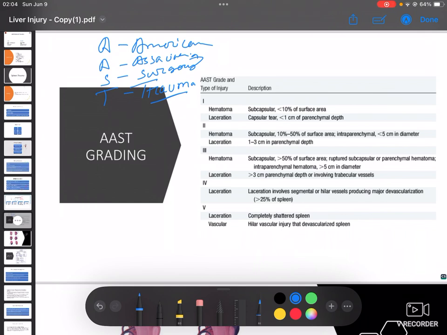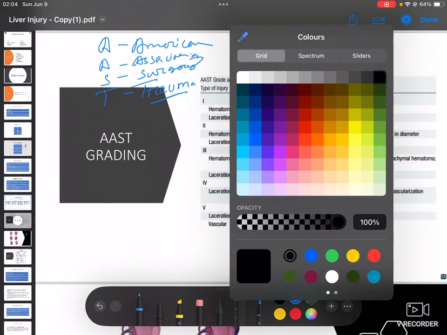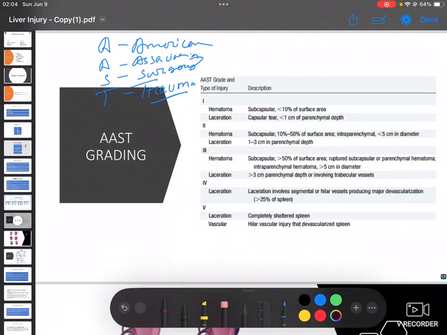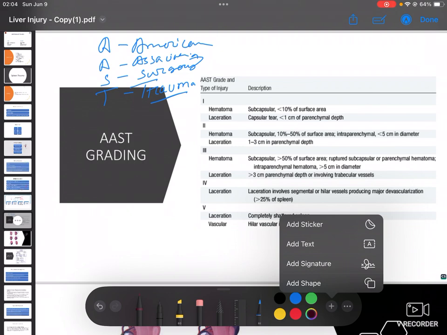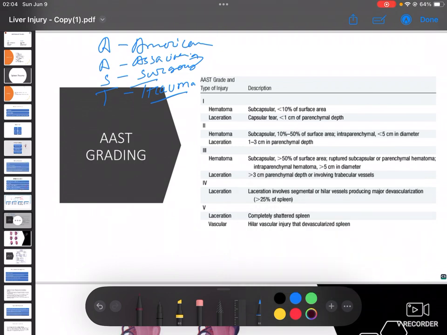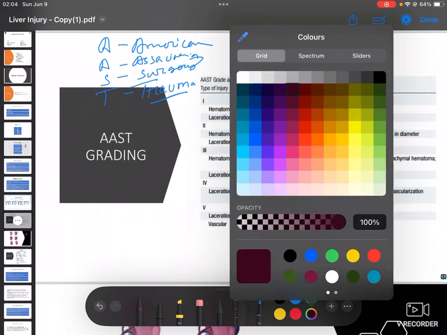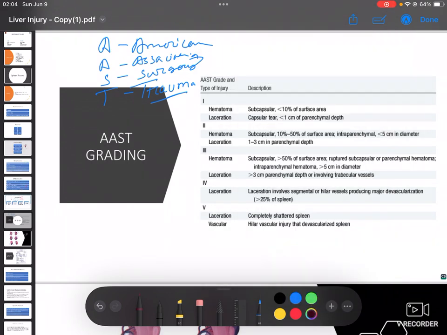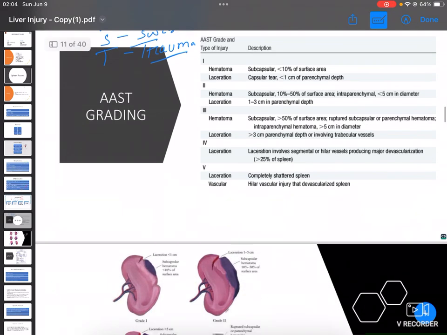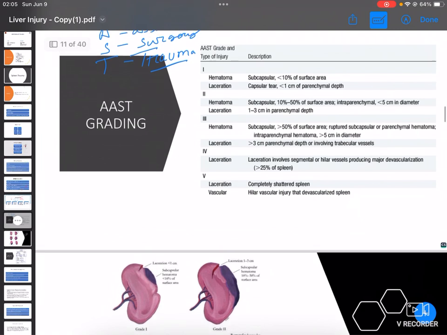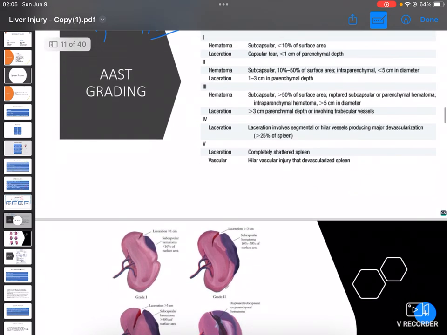There are two things here: one is hematoma, one is laceration. First is hematoma, subcapsular hematoma.